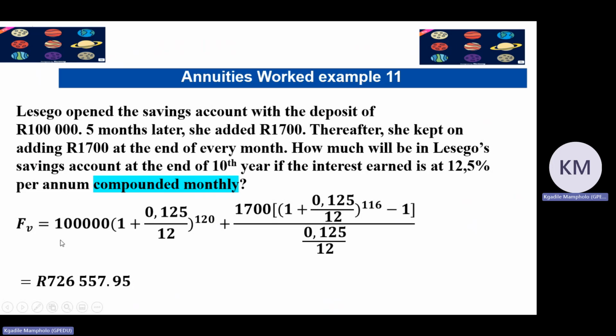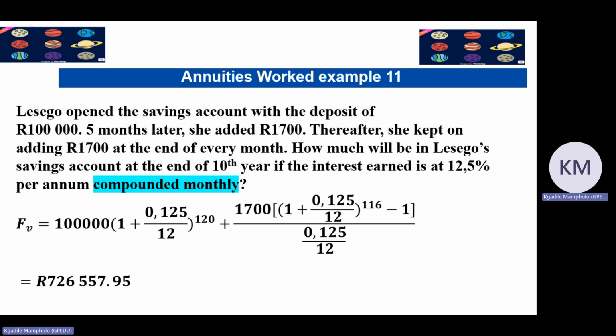But since it stays in the account for the whole period, it will gain interest for 120 months, which is 10 years. So that is why we didn't substitute in the annuity future value formula, because it was a once-off payment, but it gained interest for the whole period, which is the 10 years.